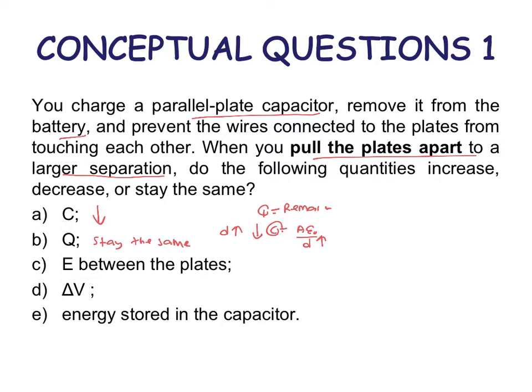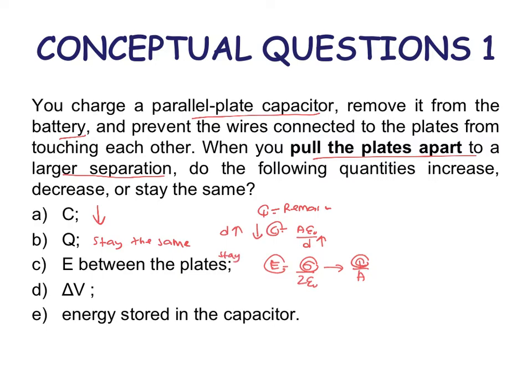Based on the formula E equals sigma over 2 epsilon naught, which is the formula for the electric field of one plate, your sigma here is charge per unit area. So when your Q remains constant, A also remains constant. That's the reason why your E also stays the same.